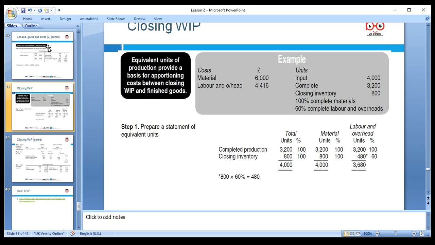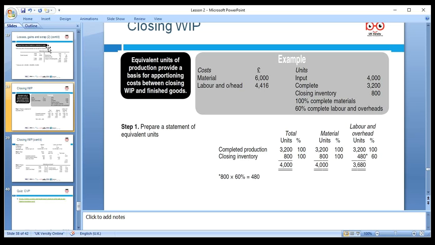Okay, so you will see there the inventory, work in progress, cost, material, labor, overheads, units of output, complete, closing inventory, and we can calculate the closing work in progress, how much we have, based on completed production.